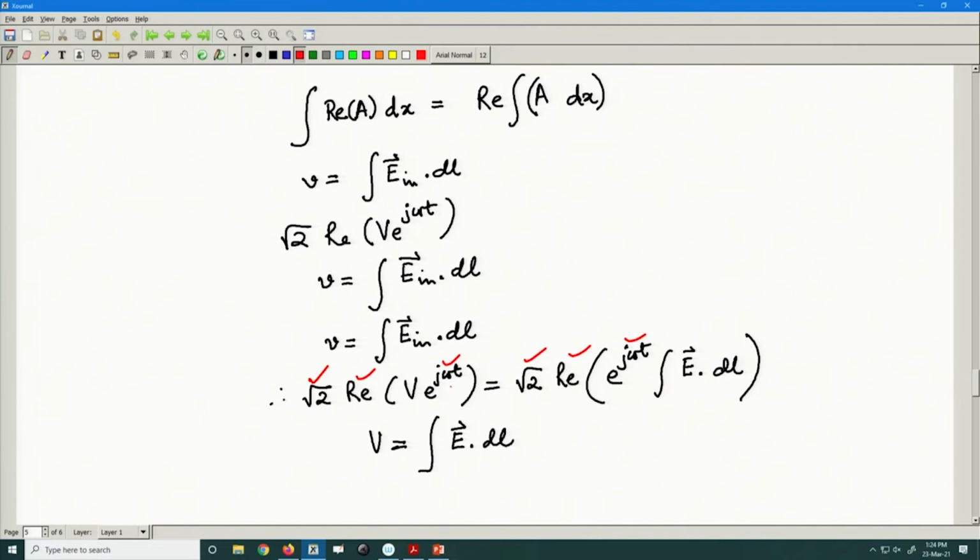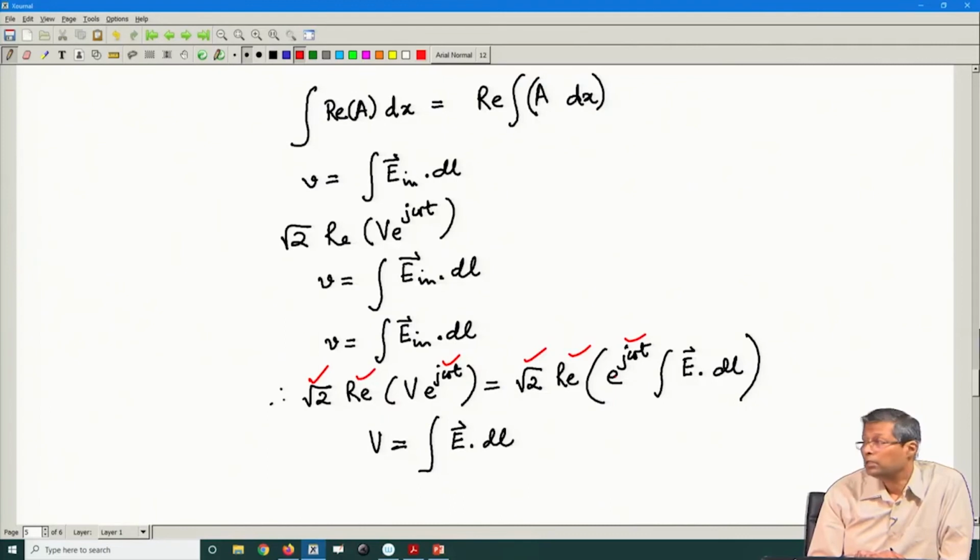not mentioning the time variation. Because it is appearing on the left and right side of the equation, the time variation is cancelled on both sides, so we do not need to bother about the e to the power j omega t variation. It also happens at low frequency; it is independent of frequency.